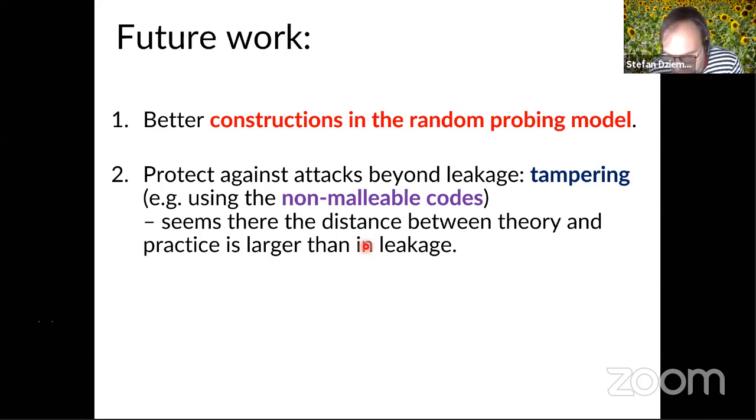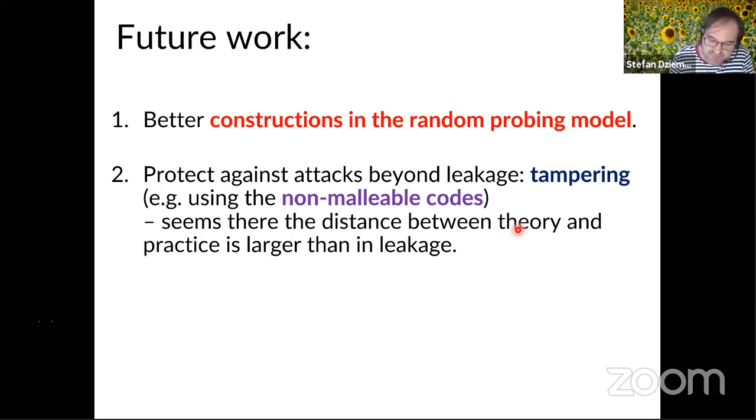So one big area that I haven't had time to mention is tampering attacks, where the adversary not only leaks the information from the device, but also tries to tamper with it. We have this tool called non-malleable codes there. Maybe you can do something like general compilers also that would be secure against tampering.